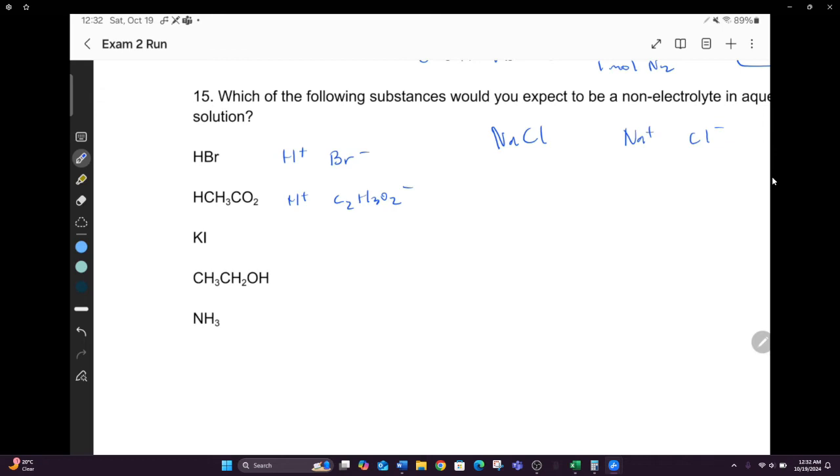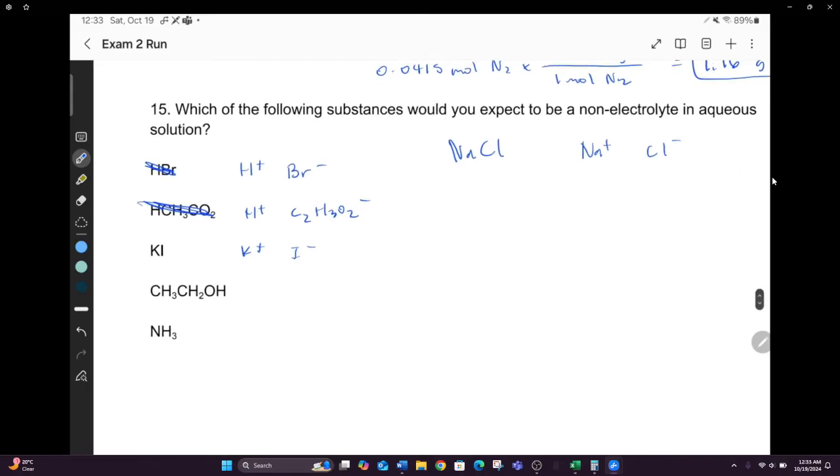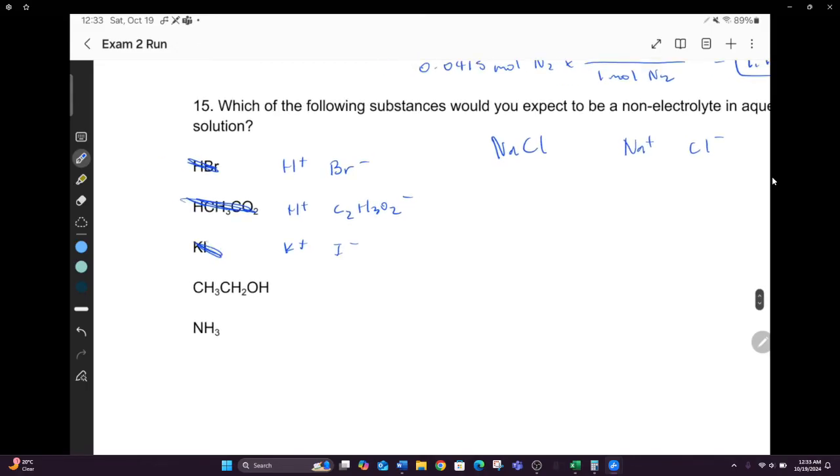So you can see from these two examples, they're both forming some kind of ion here. So we know that this would be an electrolyte, which makes it not a non-electrolyte. So we know it's not those two. You have K plus and I minus. Those are also ions. Those are electrolytes, not non-electrolytes. CH3CH2OH. You can see that there's definitely more than 3 hydrogens in there.